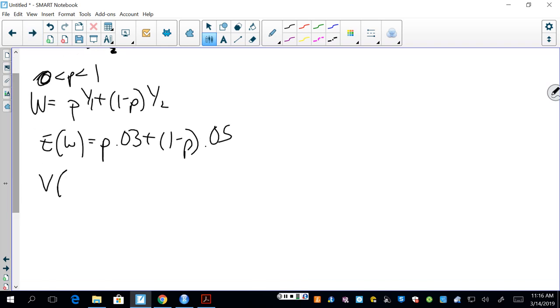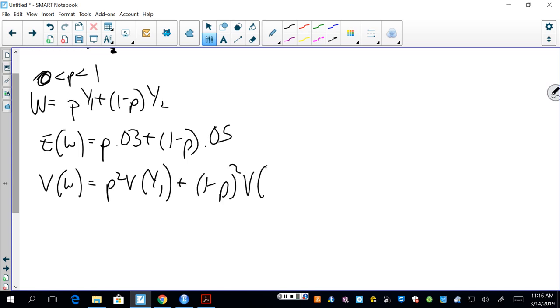The new variance of this thing is, well, instead of having the 1/2 and getting the 1/4, you get a p squared times the variance of the first one. There's a 1 minus p squared times the variance of the second one. Plus there's 2 times the covariance, a p, 1 minus p, 2 multipliers get out there, times the covariance of these two things.